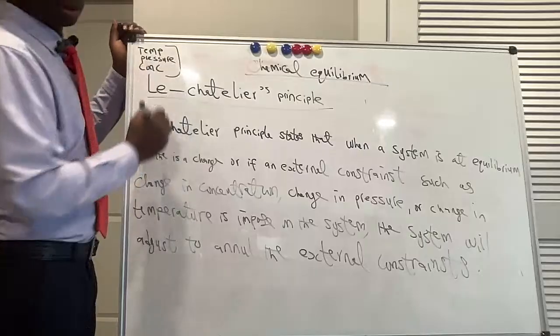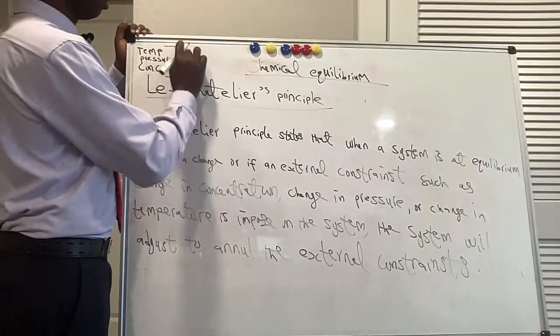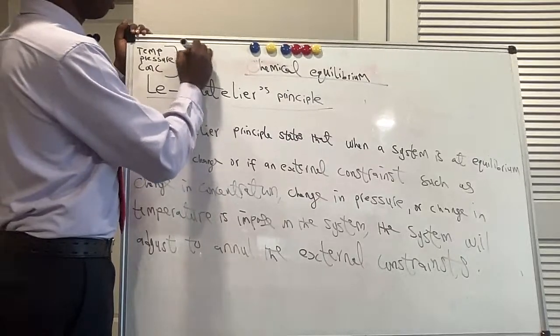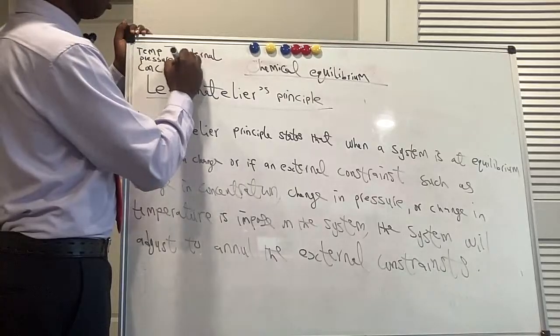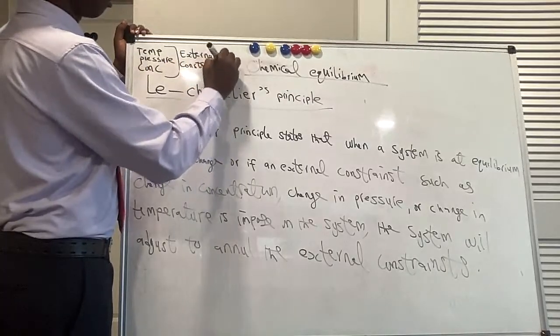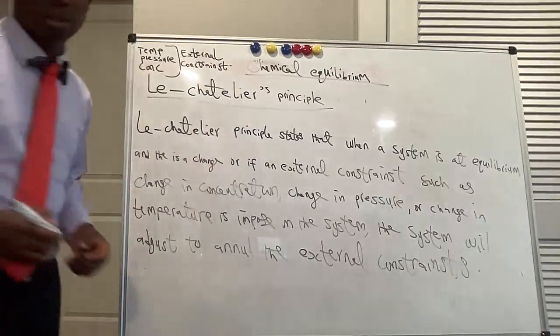These are our external constraints that can affect the system at equilibrium.